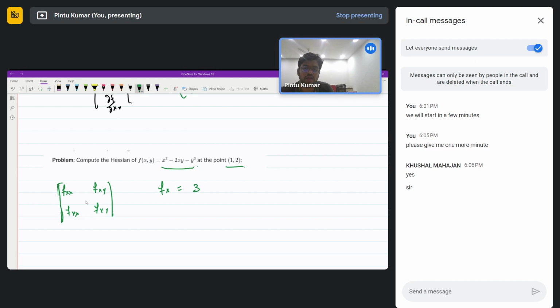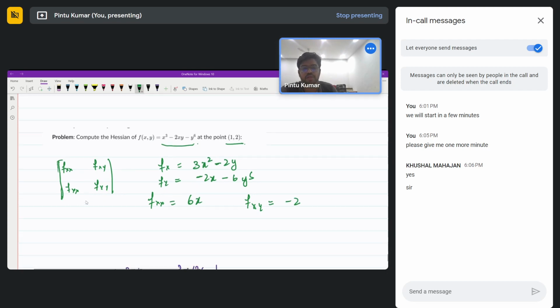This is 3x squared minus 2y minus 0. f_y is minus 2x minus 6y to the power 5. What is f_xx? This is 6x, since the second term is constant, so 0. What is f_xy? This is nothing but minus 2.